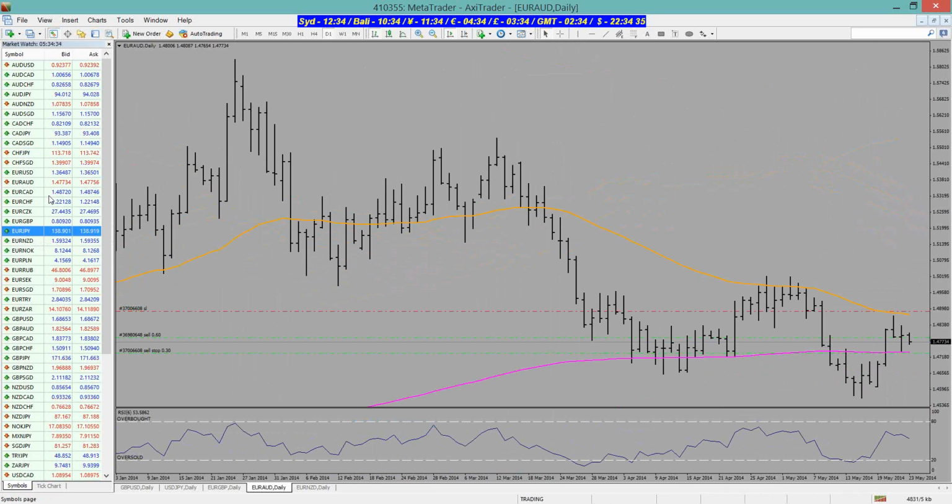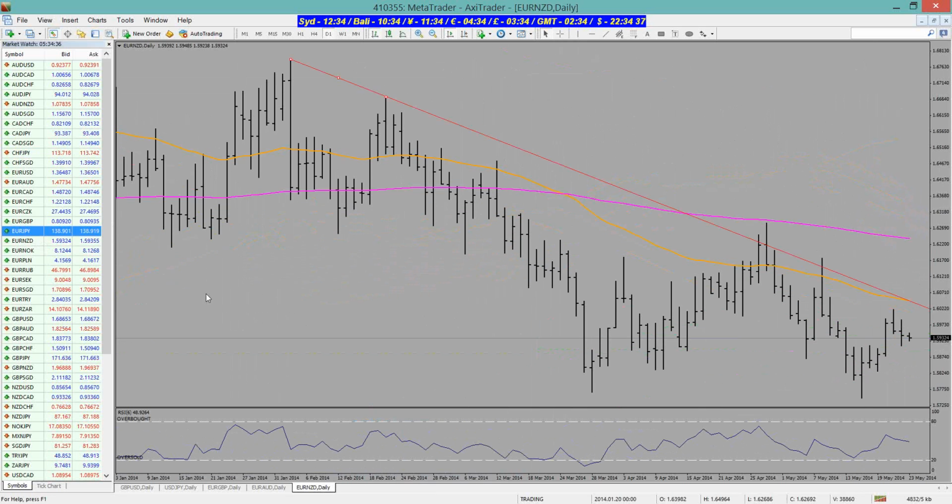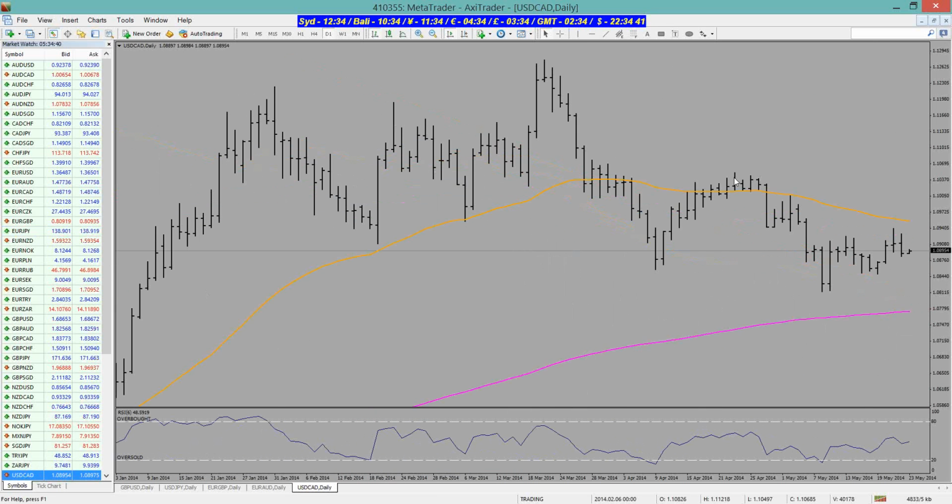So dollar CAD. Yeah, there is a ring high here. If you look at this as a cycle, you're getting lower highs, lower lows. Are you getting a trend line? No trend line. Do you have a horizontal resistance?